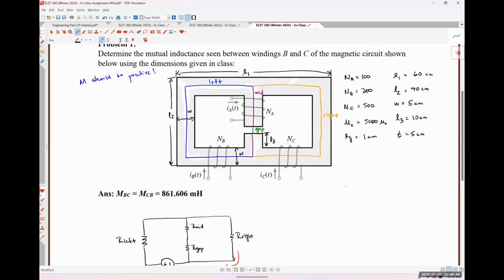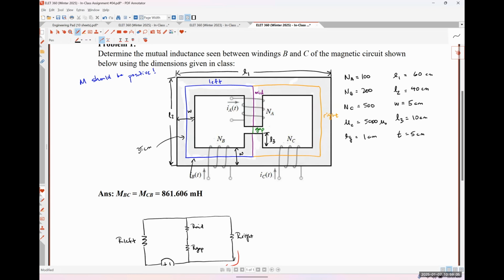There's going to be a portion of it that is L2 minus W, right? So that's this bit on the left here. L2 minus W looks like 35 centimeters. Let's start there. And then we've got this guy right here, and there's going to be two of those, so we'll sort that out.